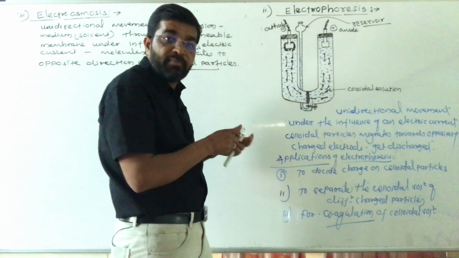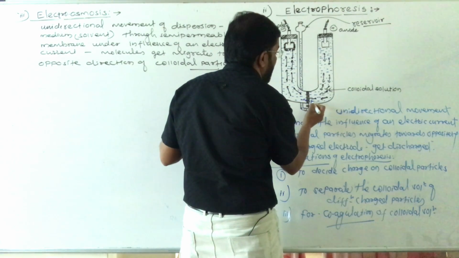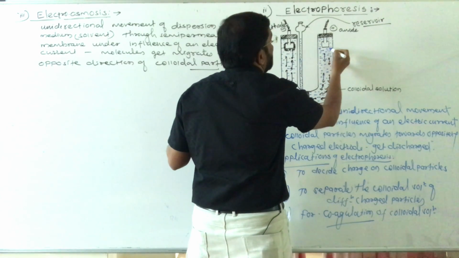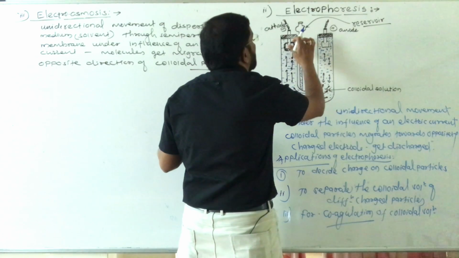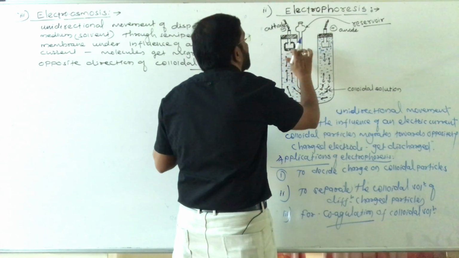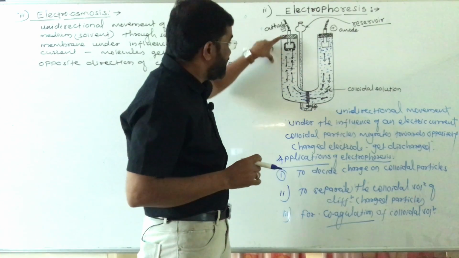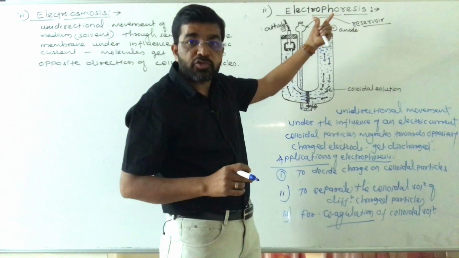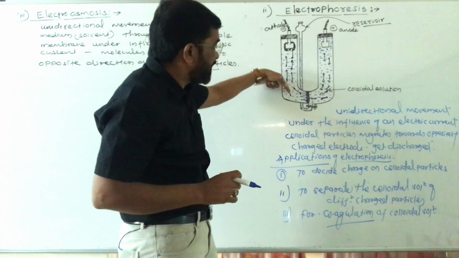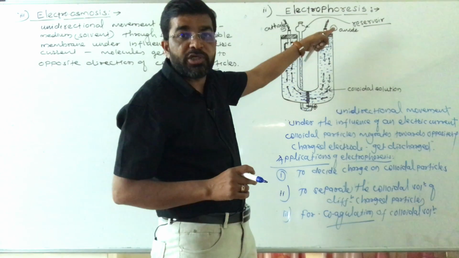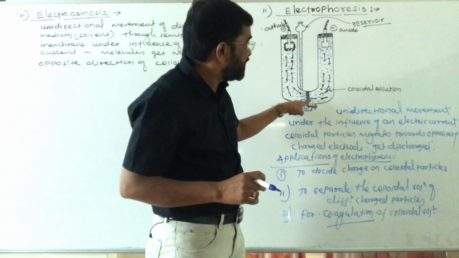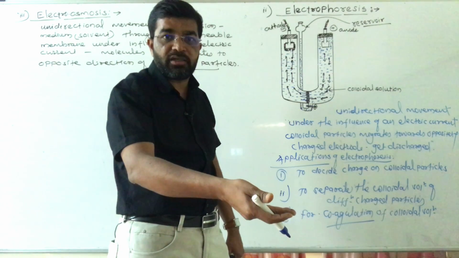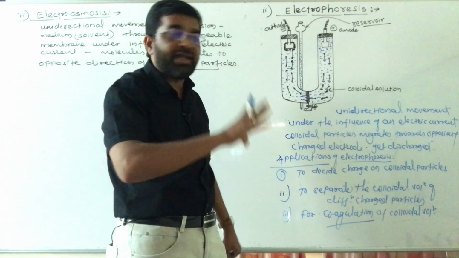Now do you know what will happen? The dispersion medium molecules will come this way, and the level of solvent will increase in this tube and decrease in this arm, because of unidirectional migration of the dispersion medium molecules, solvent molecules, through the semi-permeable membrane in the opposite direction to that of the colloidal particles under the influence of an electric current.